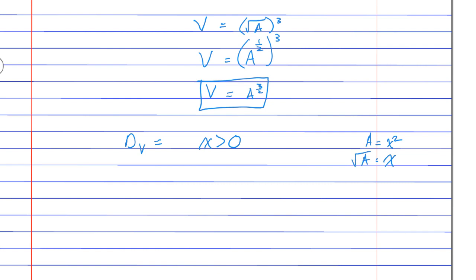Right? And the root of A has to be bigger than 0 as well. And so A has to be bigger than 0, doesn't it? So that means the domain of V is just 0 to infinity. And we're done.